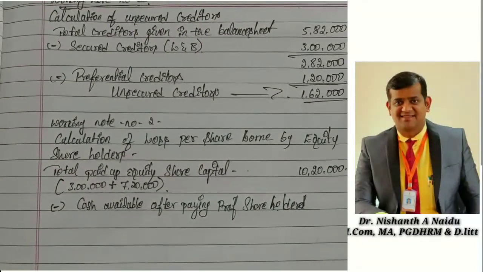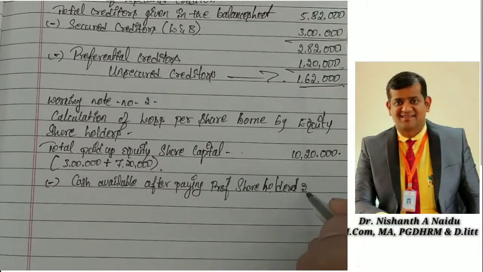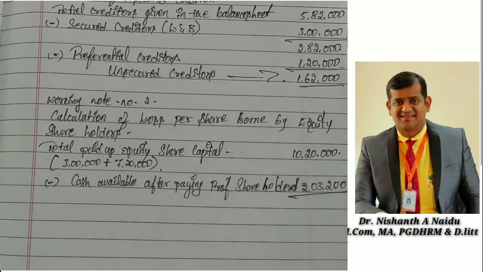So you deduct that from here. 10 lakh 20,000 minus 2,03,200 comes to 8,16,800 rupees.